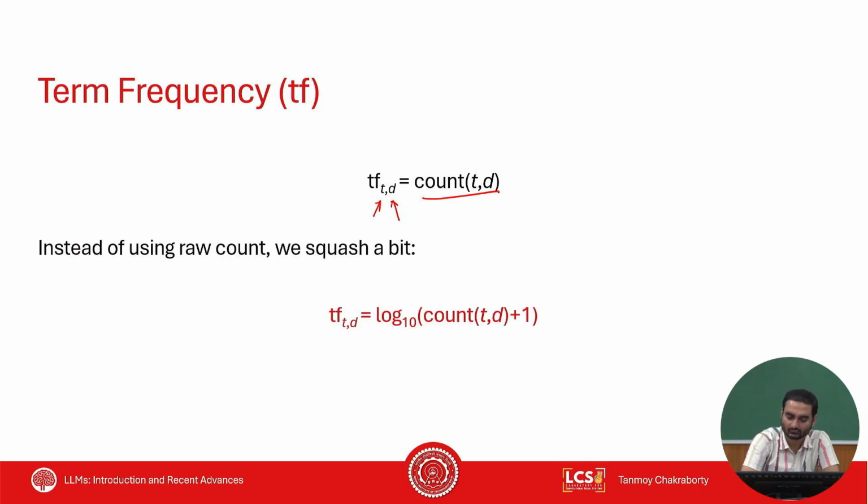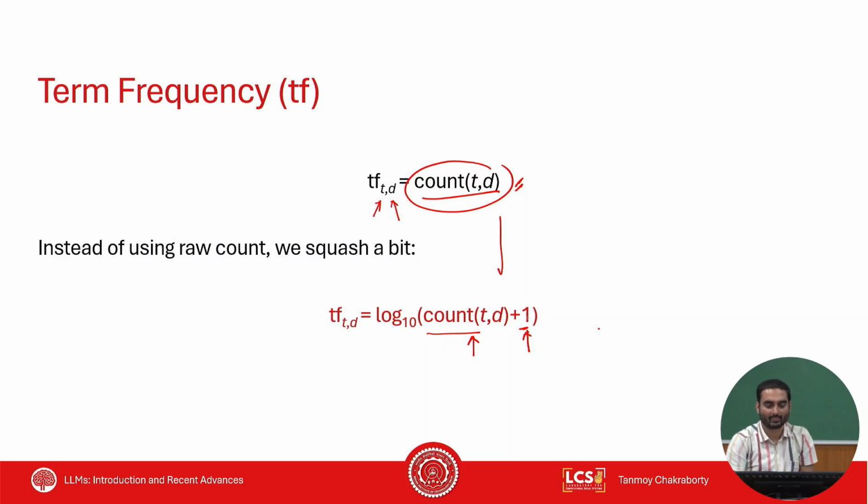Now the raw count will be very, very high for, again, frequently appearing words, stop words. To dampen the effect of this, we squash this a bit. Instead of taking the raw count, I take the log of the raw count. And if the count is 0, then log 0 will be undefined, therefore we just add 1. That's a smoothing technique. So log count plus 1 is the TF measure.